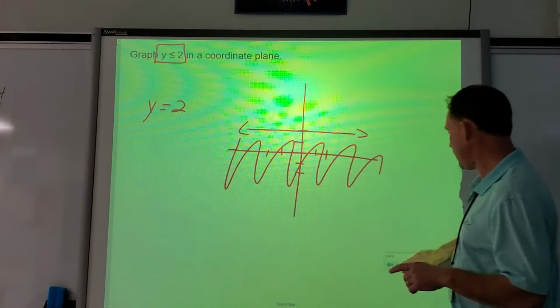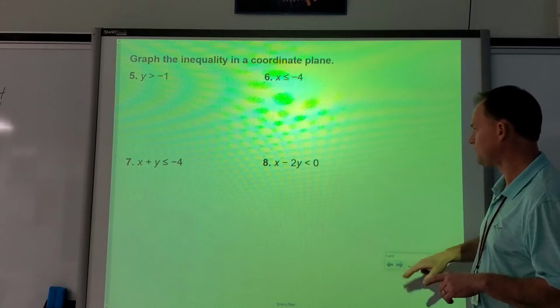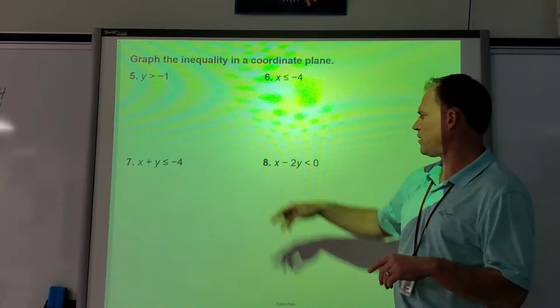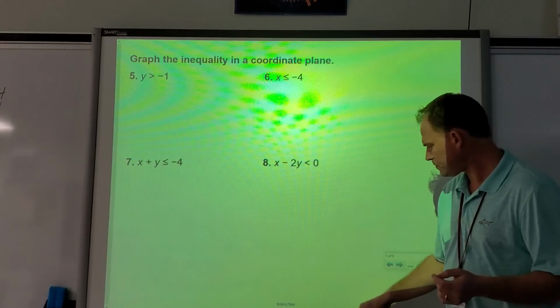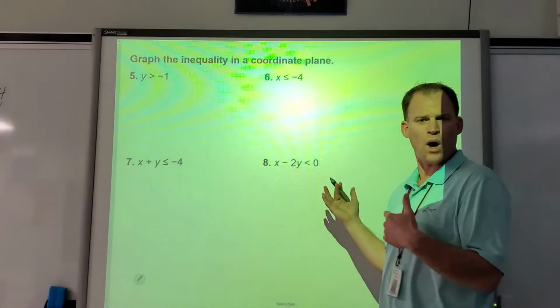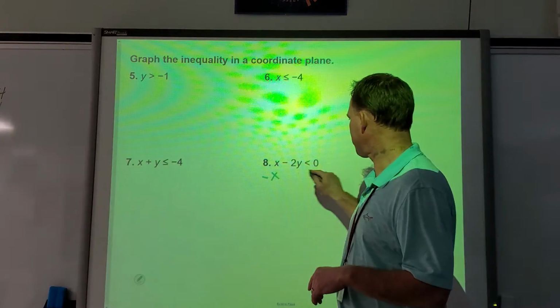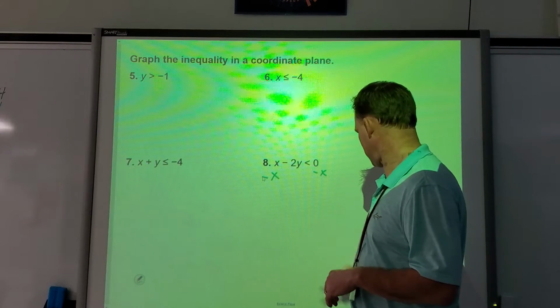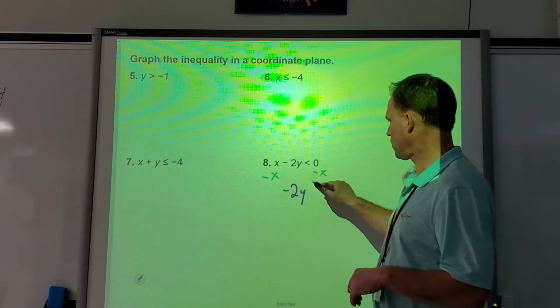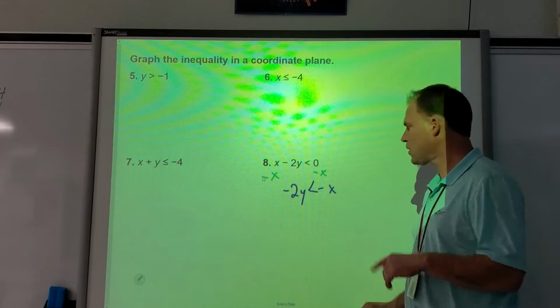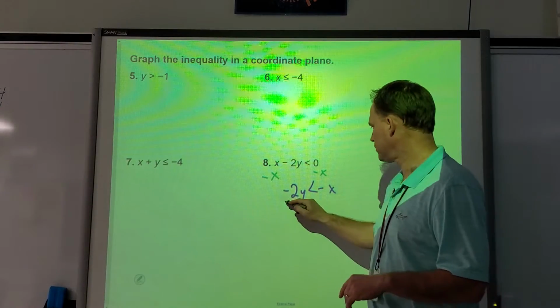The reason I mention all that, let's say we get to a problem here like number 8. Let's get it in y equals form. What am I going to divide by?